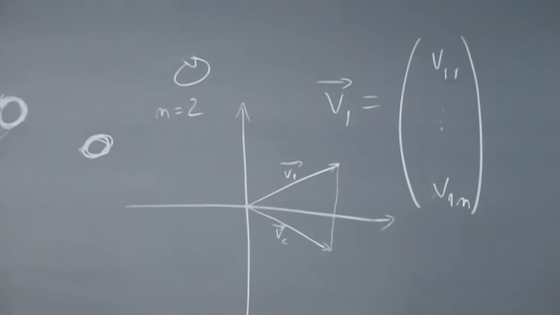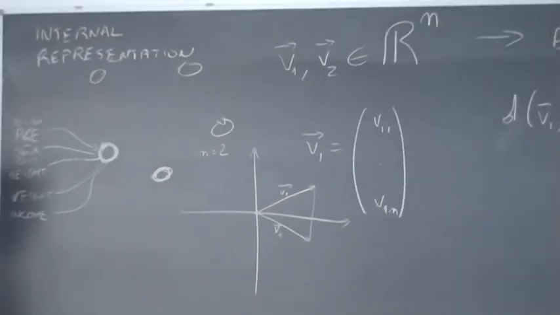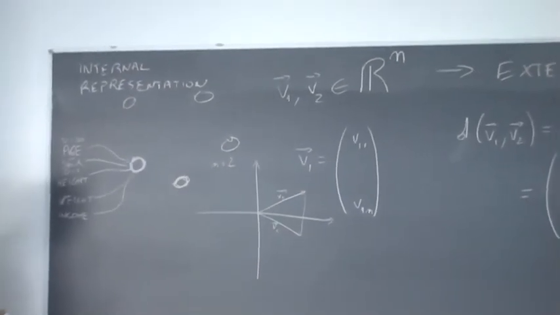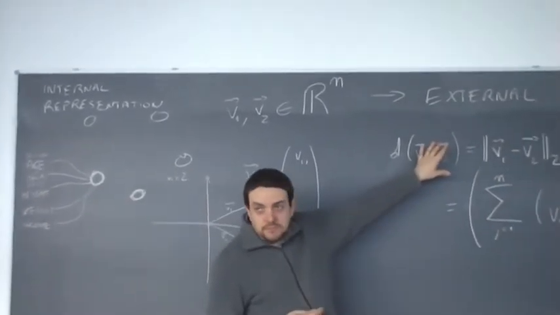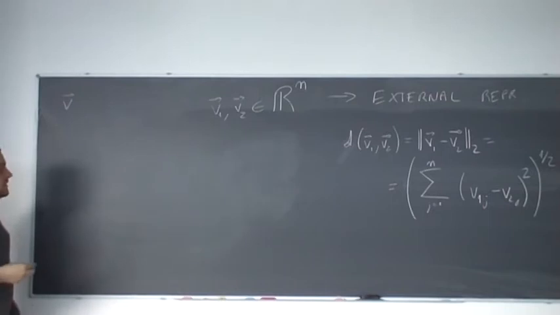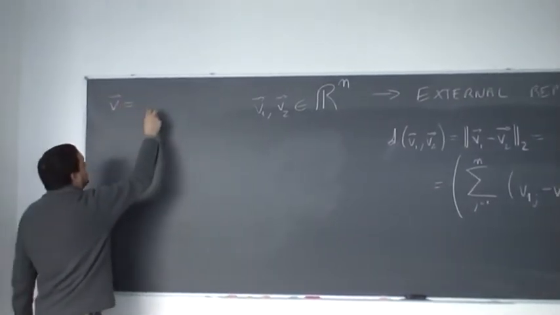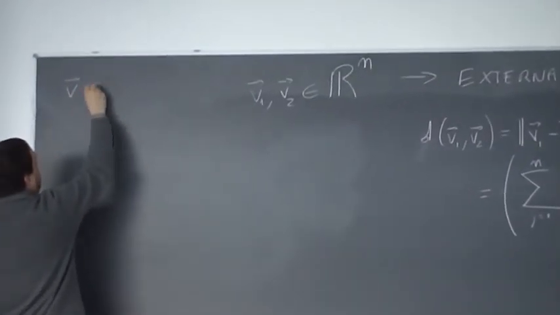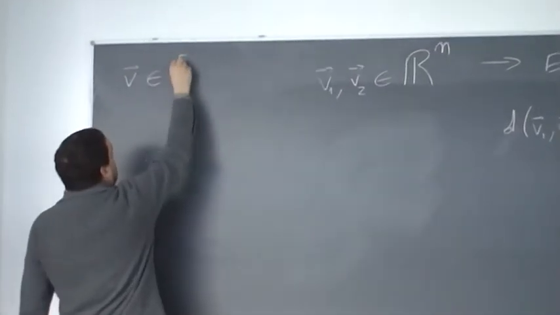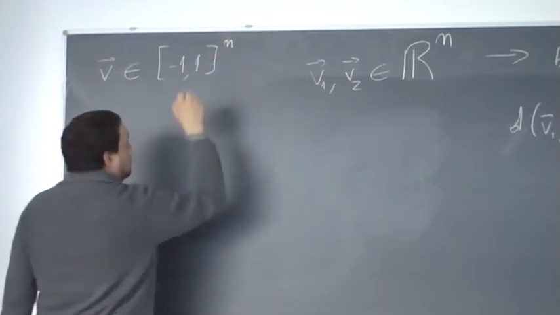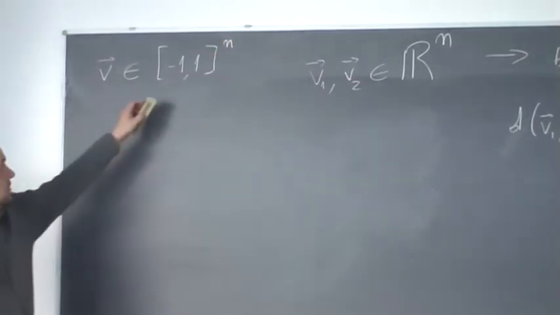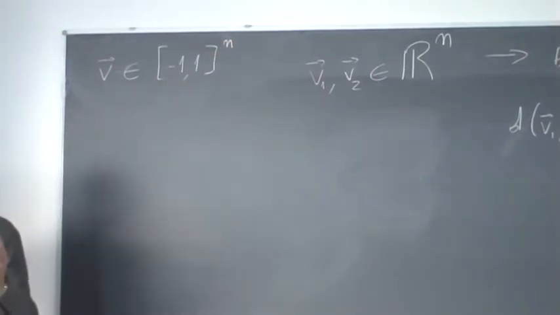This is not the only way of computing an external representation. Suppose that we can define our numbers so that vectors V are n-tuples of numbers, real numbers between -1 and 1.